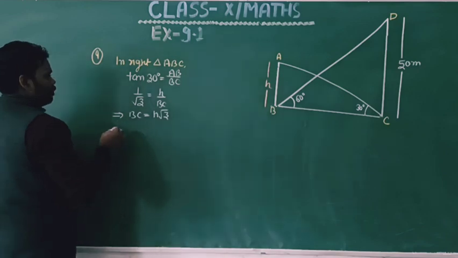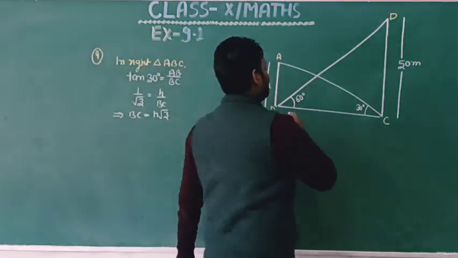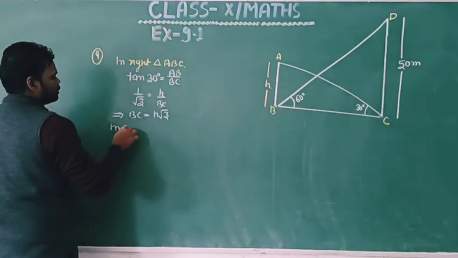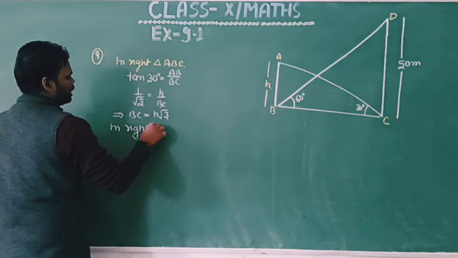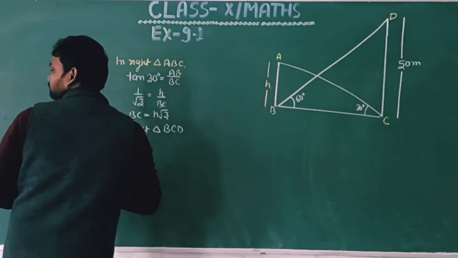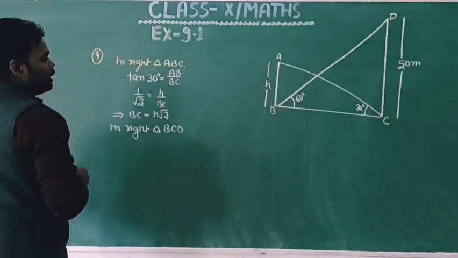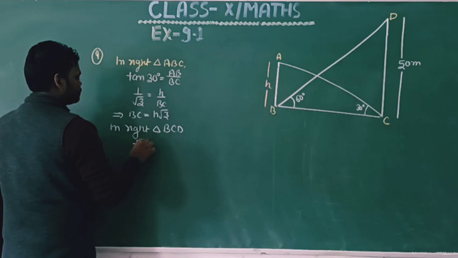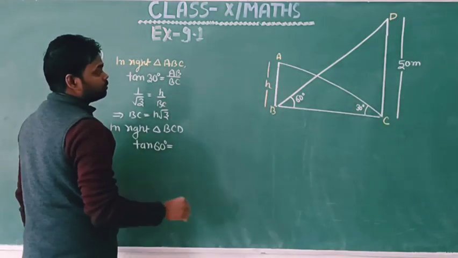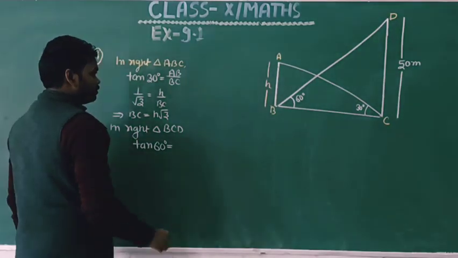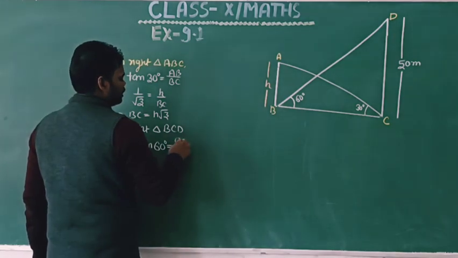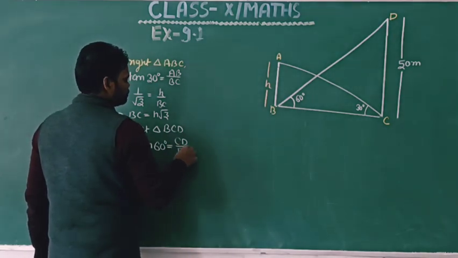And now taking right angle triangle BCD. In right triangle BCD, tan 60 degree equal to perpendicular upon base. Perpendicular means CD and base is BC.